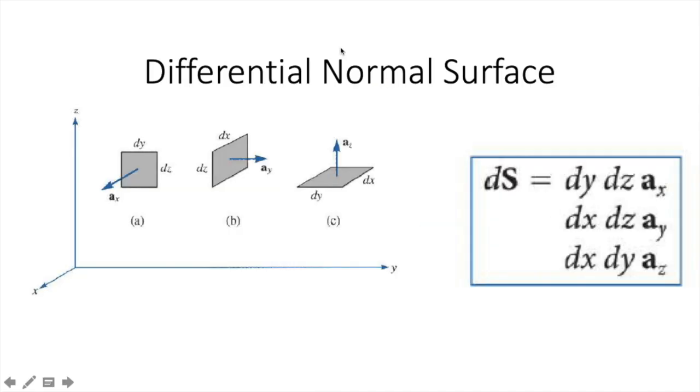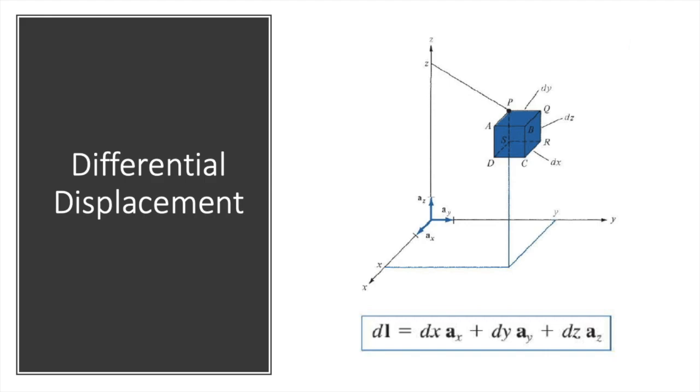So the three surfaces we are talking of are these. If you see these equations carefully, ds is equal to dy dz ax. Whenever the normal is in the x direction, the magnitude contains y and z. Similarly, if the normal is in the y direction, the magnitude contains x and z. When the normal is in the z direction, the magnitude contains x and y. This is something we don't need to memorize; rather we understand it nicely when we see dl.